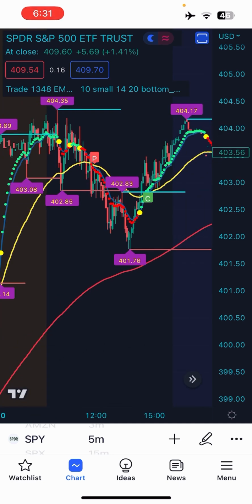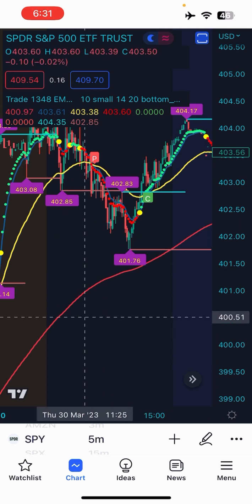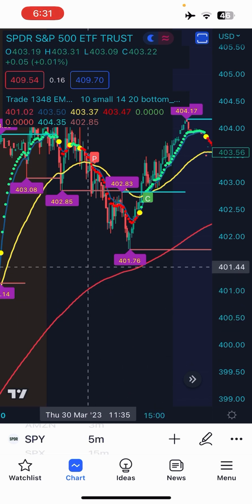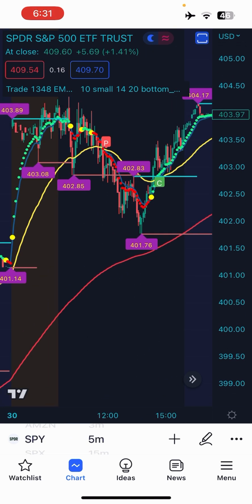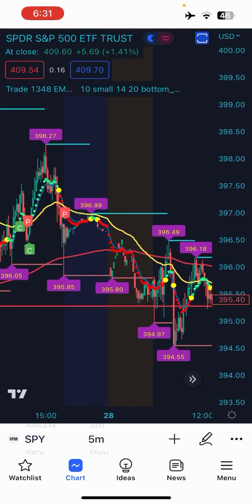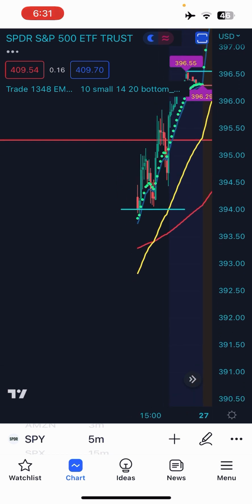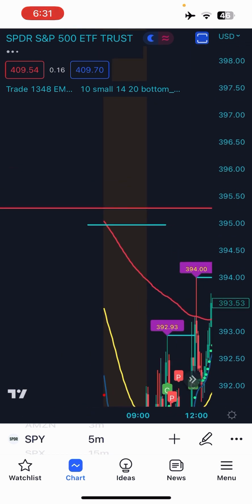If the price is above the 200 EMA line, I will always and only consider going into call options, or bets it's going to go up, because the price is trading above the 200 EMA line. As soon as the price goes below the 200 EMA line, I will start considering going into puts, right?